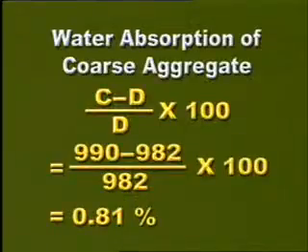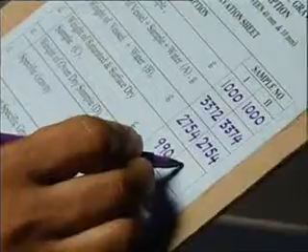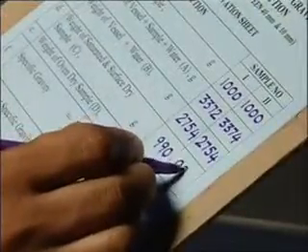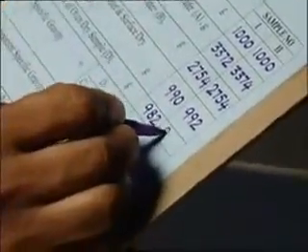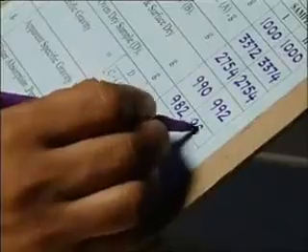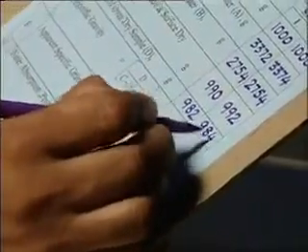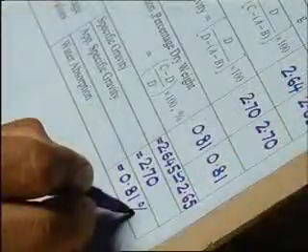Putting in the values, the water absorption of coarse aggregate comes out to be 0.81%. Repeat the procedure for another sample of aggregate and record the readings in the observation sheet. The average of two readings is taken as the final result.